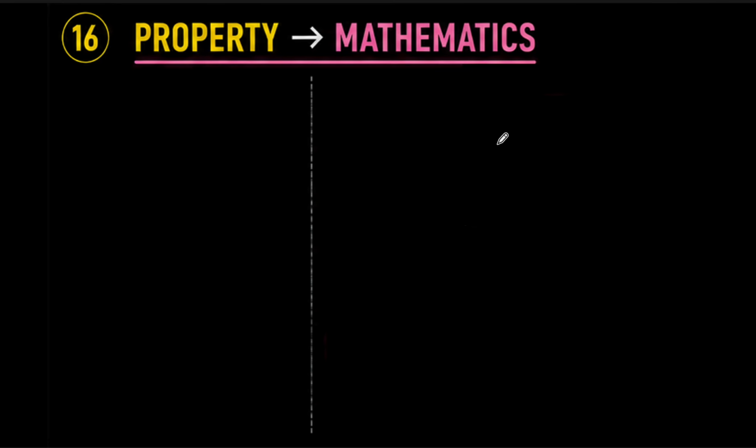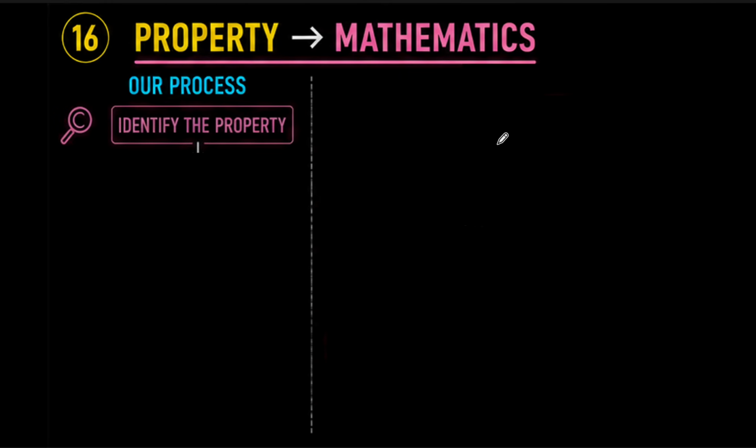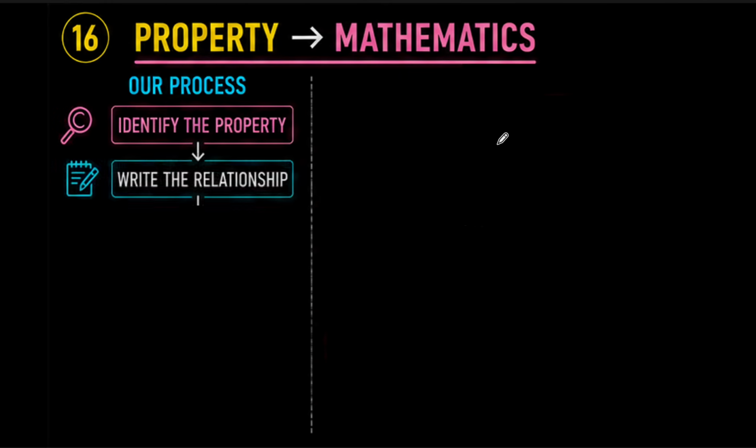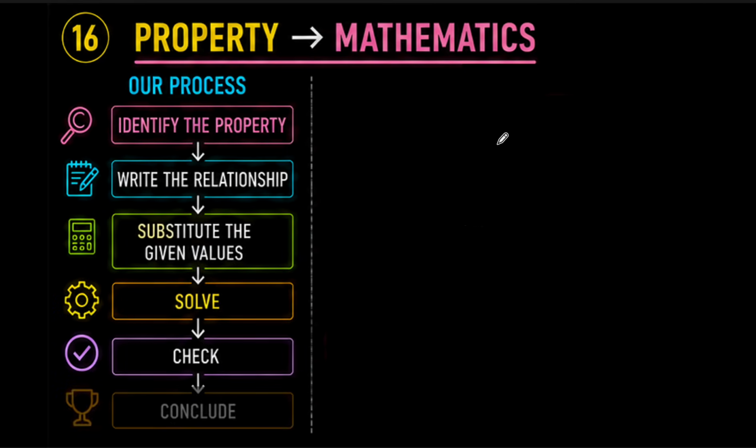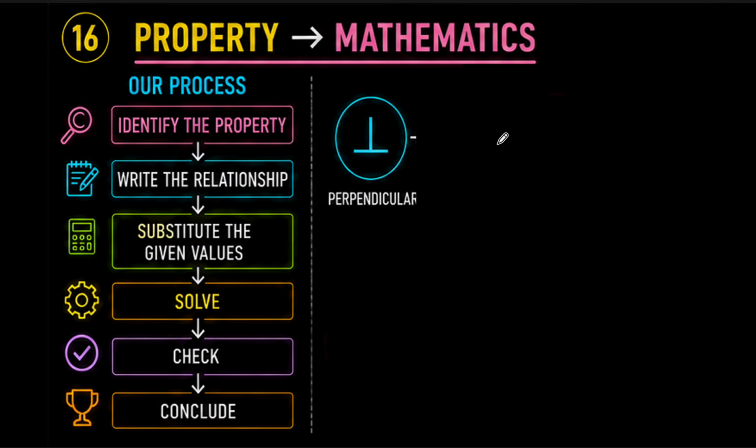So now, in property, as we know the process, ang una natin ginawa, identify natin kung anong property yon. Pangalawa, ni-write natin yung relationship nila, sinubstitute yung given values, sinolve, chinek, at nag-conclude tayo. So, in our height, perpendicular must be 90 degrees or right angle.